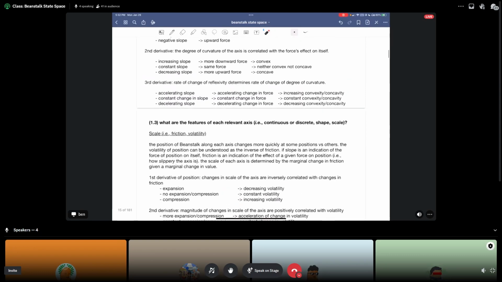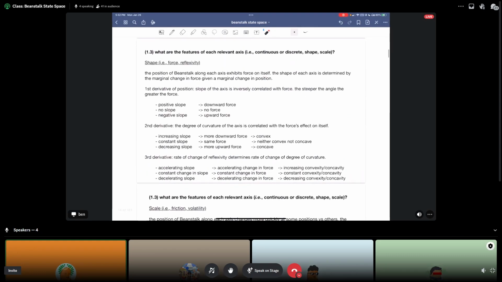So, what are we talking about when it comes to shape? The position of Beanstalk with regards to each axis is going to exhibit some sort of force on itself with respect to position.